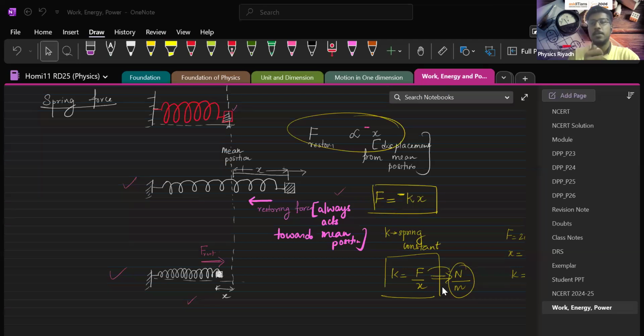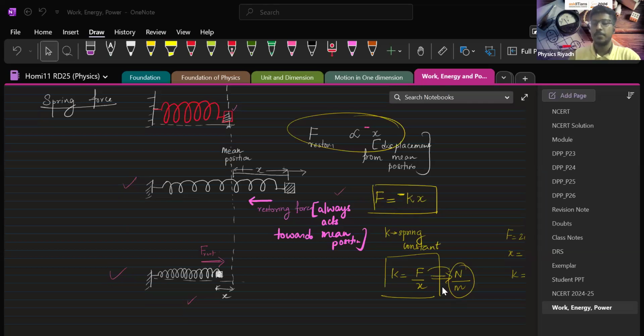If you're stretching it towards the right, the restoring force acts towards the left. If you're compressing it towards the left, the restoring force tries to bring it back to the right, to the mean position. So the restoring force is proportional to minus x, minus because of the same reason.